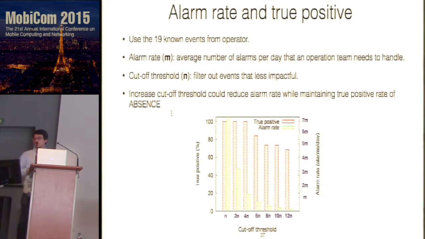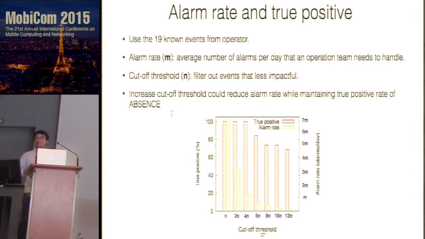We are also interested in the alarm rate, which is the amount of alarms that Epson will generate every day, because in an operational environment, the alarms have to be investigated by an operation team, and to make a system practical, the amount of alarms has to be small enough, reasonable enough for an operation team to look at.